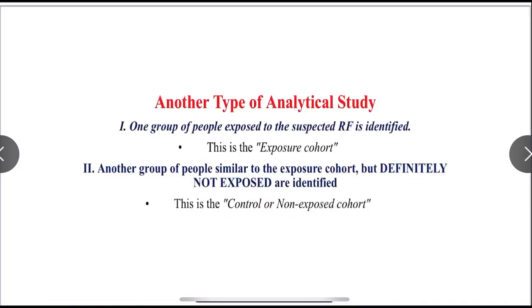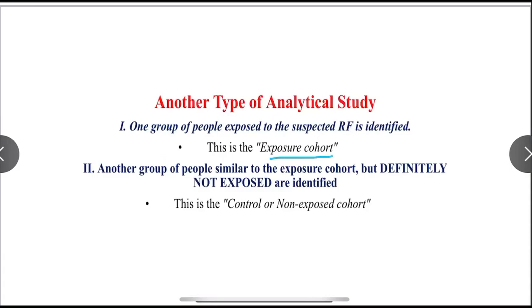Another type of analytical study, so we organize one group of people exposed to the suspected risk factor. So we just think that those people are exposed to the risk factor. If those people are exposed to the suspected risk factor, they are called the exposure cohort.